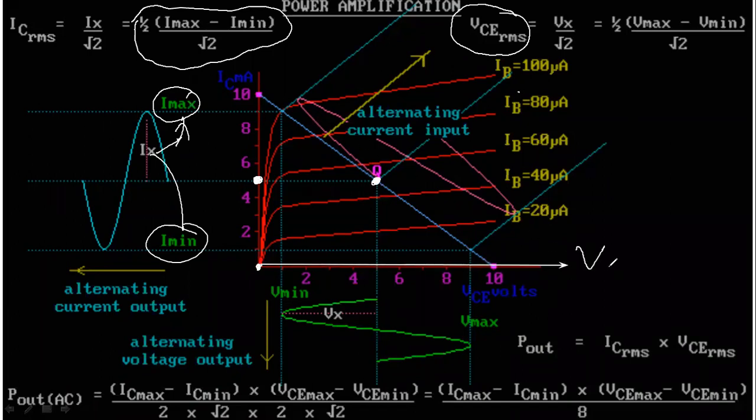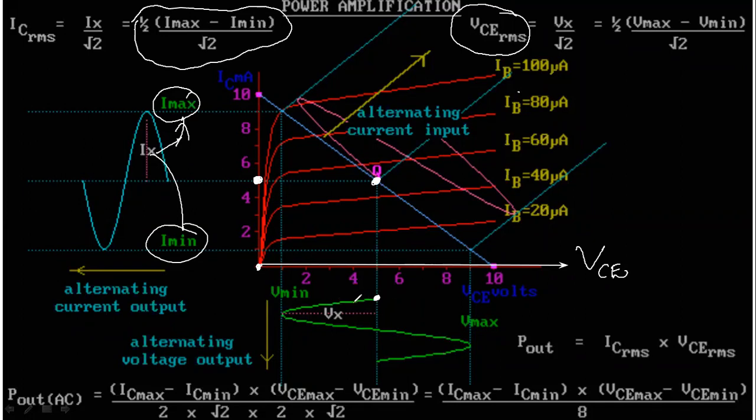This axis is VCE. When you fluctuate this IC current sinusoidally, you can predict the shape of the VC with respect to time. This graph represents time versus VC.